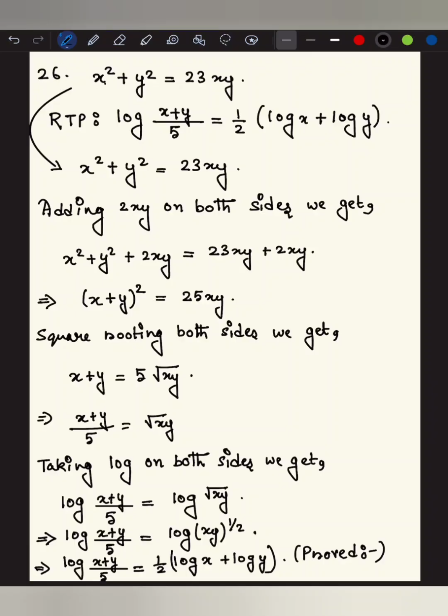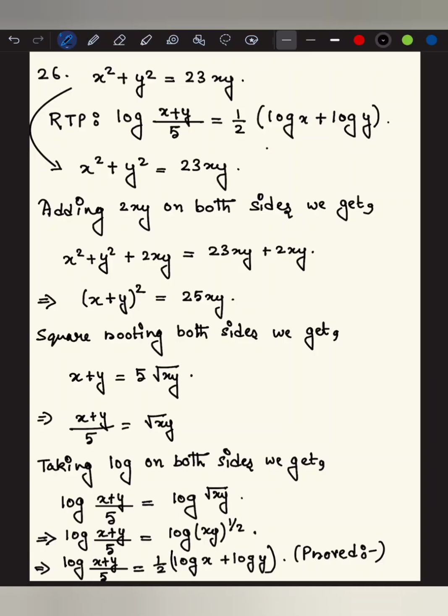It is given here that x square plus y square equals 23xy. And we are required to prove that log of (x plus y) by 5 is equal to half of (log x plus log y). So first of all, look here, it is half of log x plus log y.